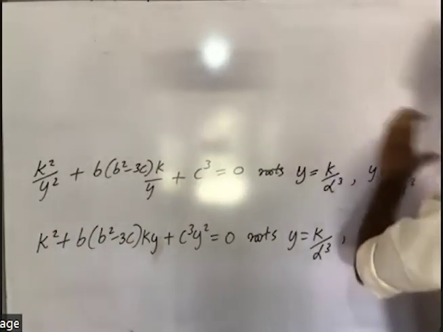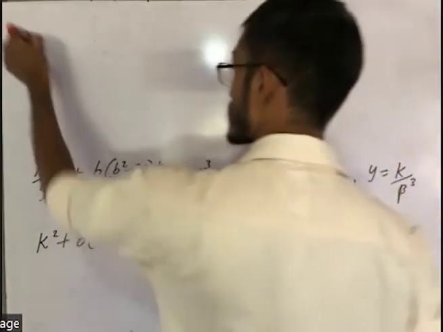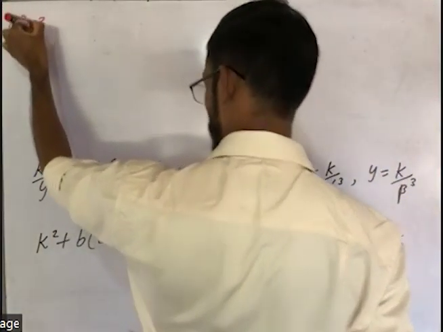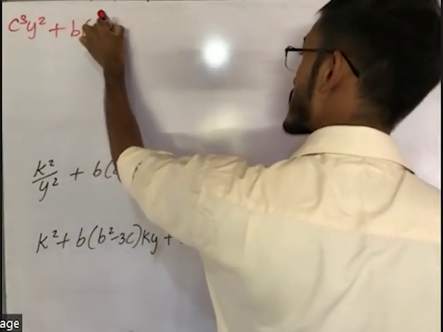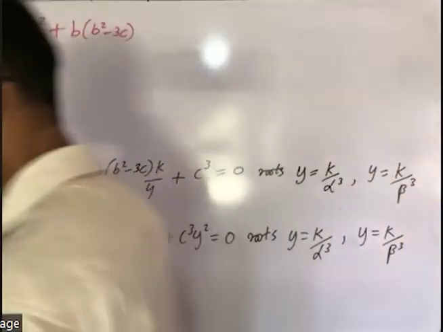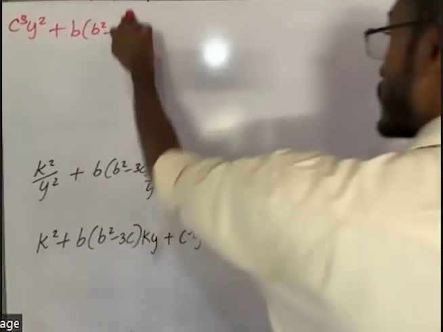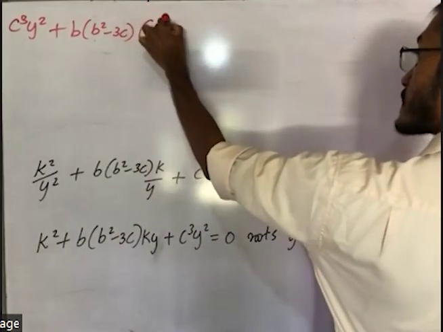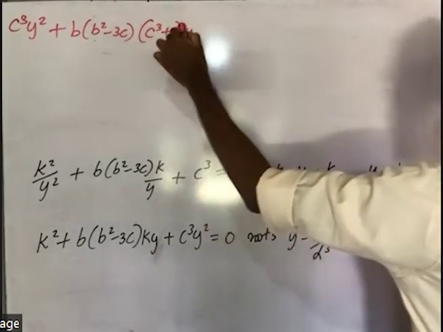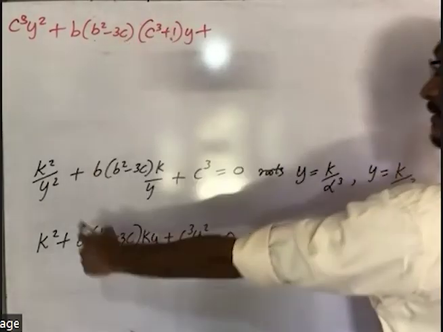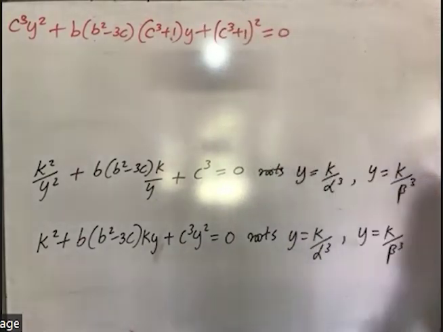So this is the final equation, but we have k here. Right. So the answer is c to the power 3 y square plus b into b square minus 3c. Here k is equal to c to the power 3 plus 1, y plus k is equal to c to the power 3 plus 1 square equal to 0.